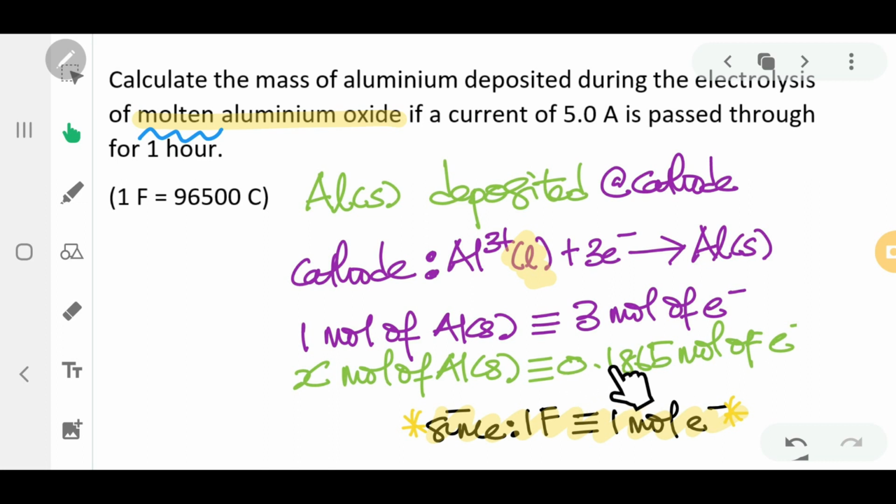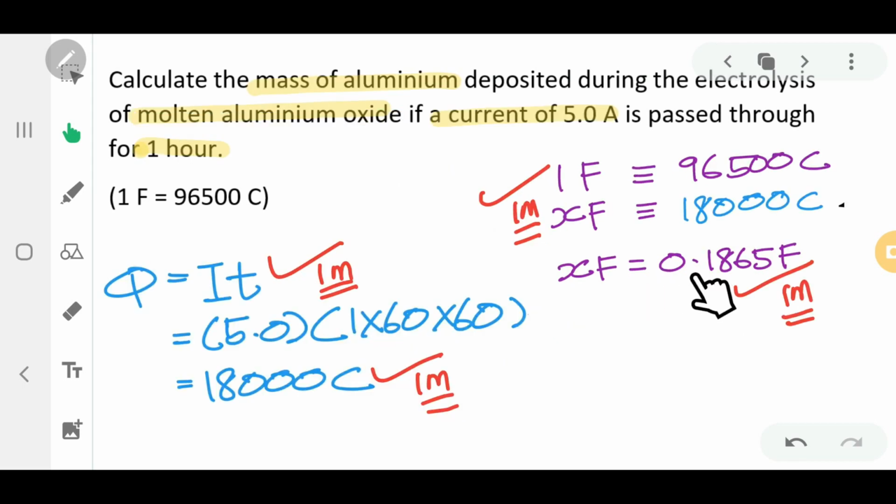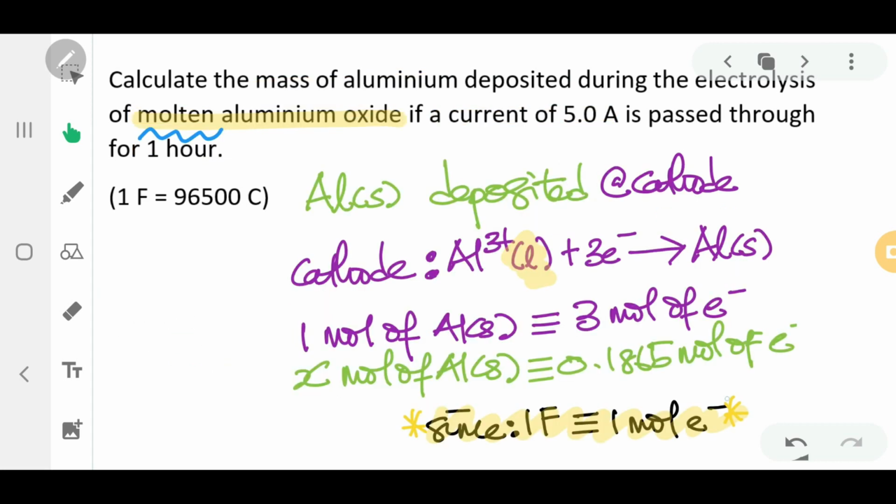So 0.1865 mole of electrons. Do remember this relationship: 1 Faraday is equivalent to 1 mole of electrons. Over here, we have 0.1865 Faraday, and we get this from the calculation that we have done in Q equals IT.